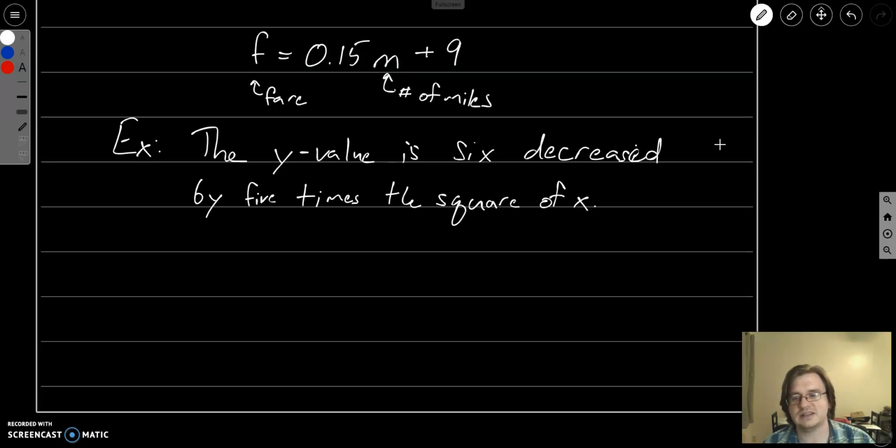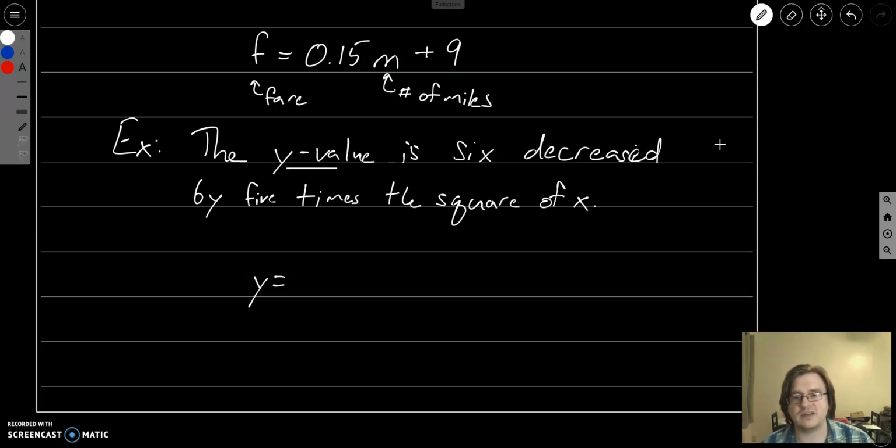So, for instance, this says the y value is 6 decreased by 5 times the square of x. This is not how we would speak normally, I would say, but we can interpret this.